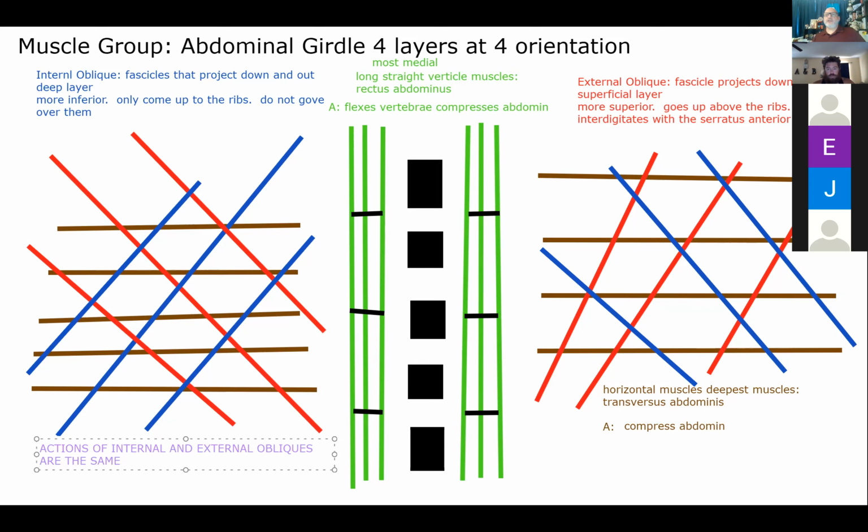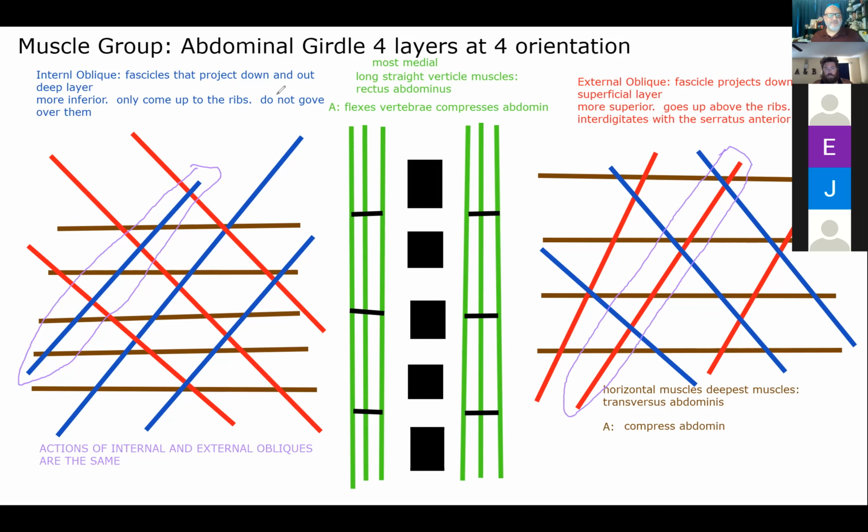And if you look closely at this picture, you can see why. The orientation of the internal oblique on one side of the body is the same as the orientation of the external oblique on the other. So when you move your trunk, you're using the external on one side and the internal on the other.